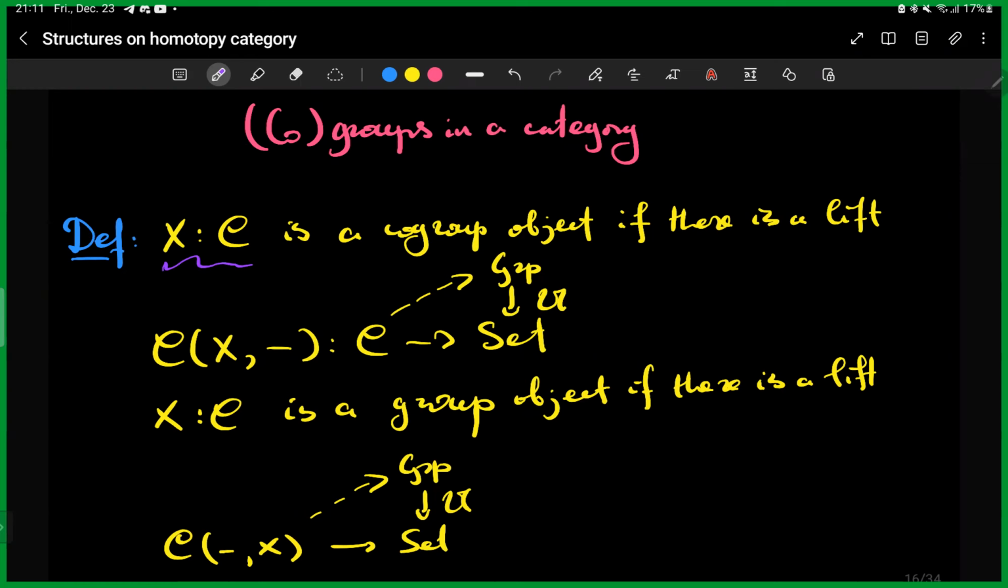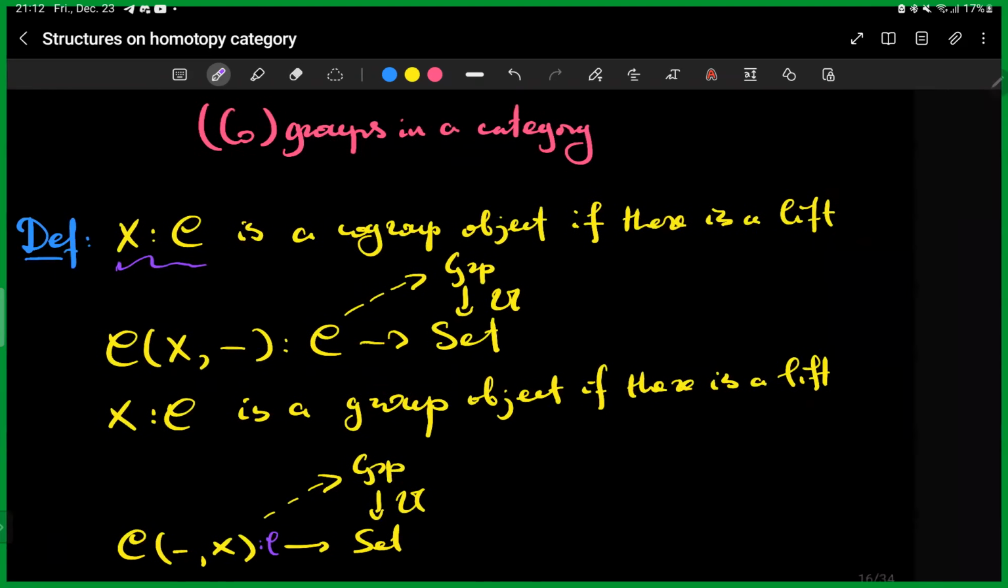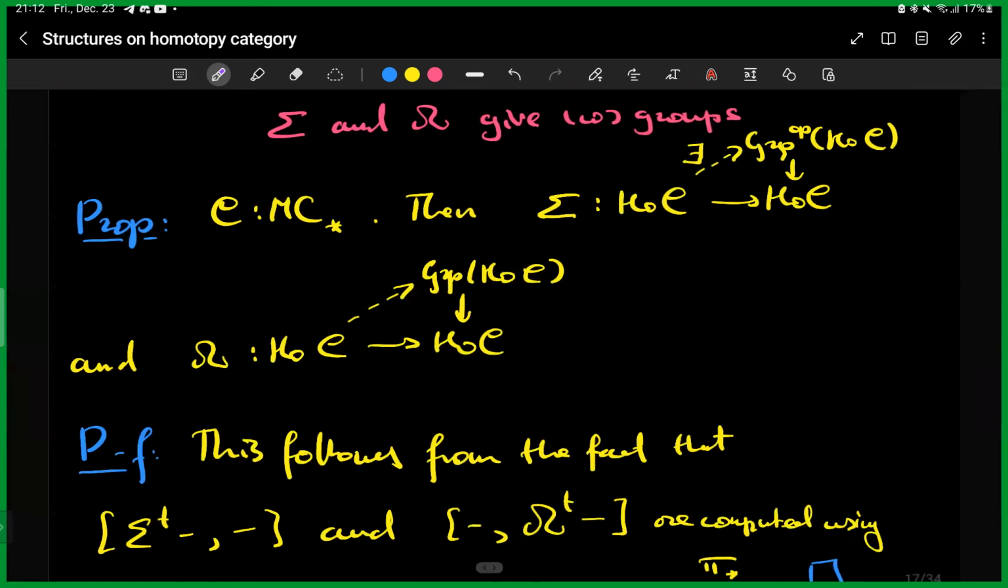And similarly, a group object is such an object that the functor which is co-represented by X lifts into a functor into groups.